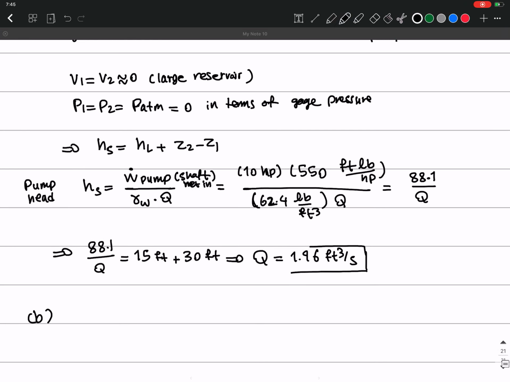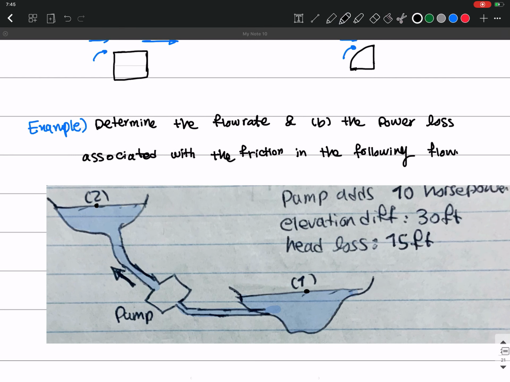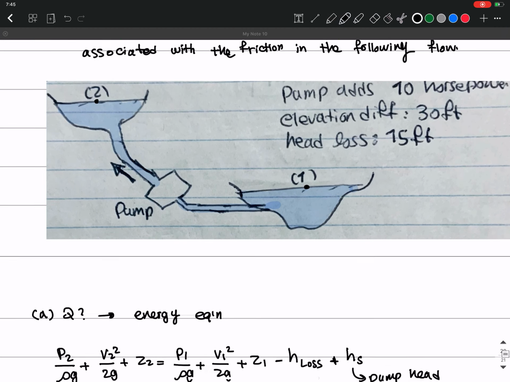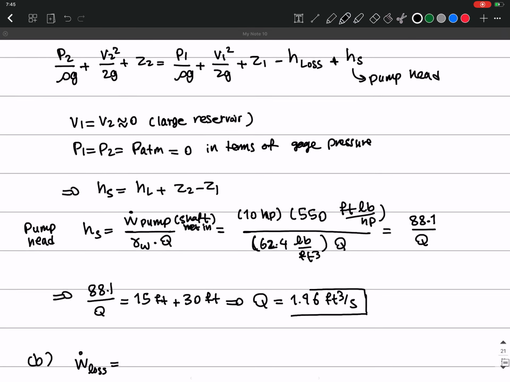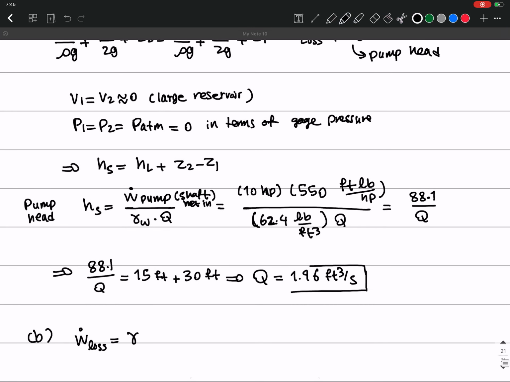And then the second thing was to find the power loss associated with the friction in the following system. How much of the power of the pump is lost just because of the friction and not the elevation difference? Let's calculate that. So W dot of loss is gamma Q H of loss, right?